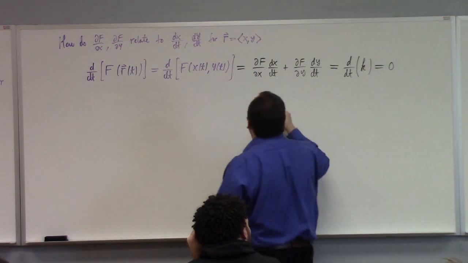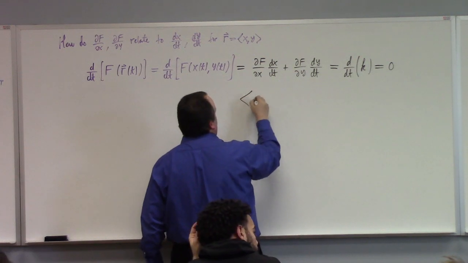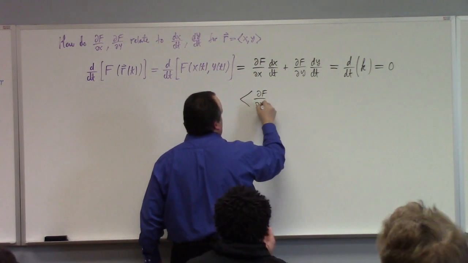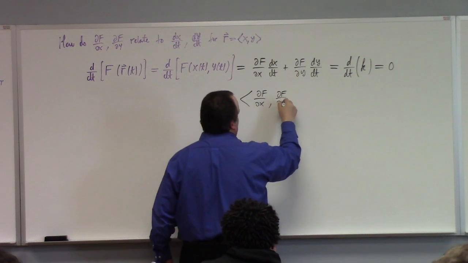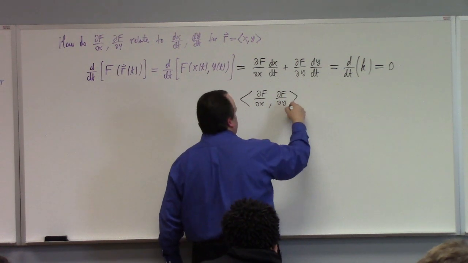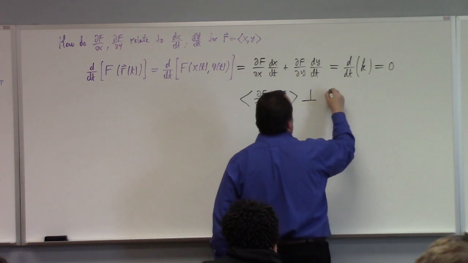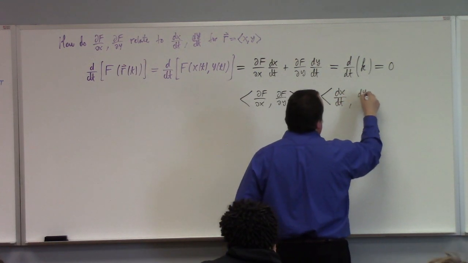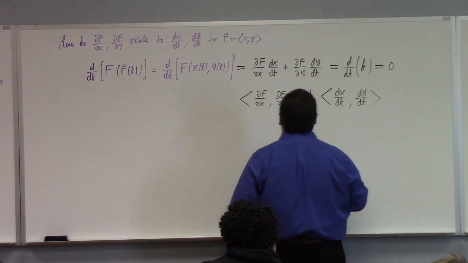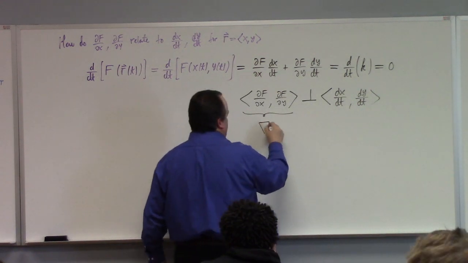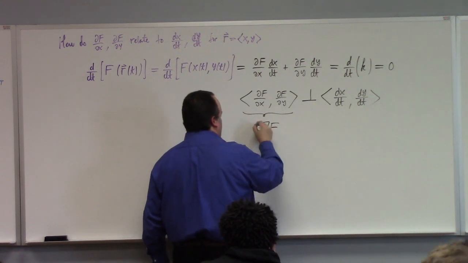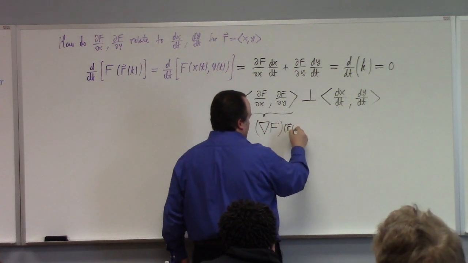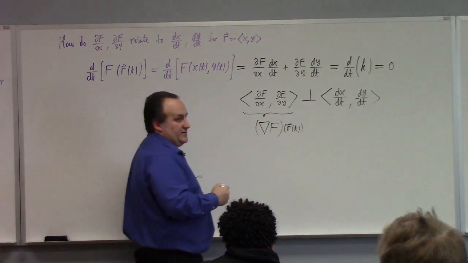Aha. So what this says then is that the vector partial f partial x comma partial f partial y has to be perpendicular to the vector dx dt, dy dt, right? This is the gradient of your level function, and if I was to do it properly, it's at r of t, because it has to be evaluated at the inside function.